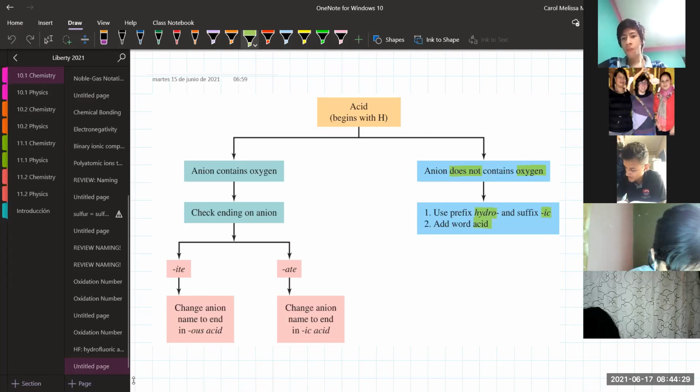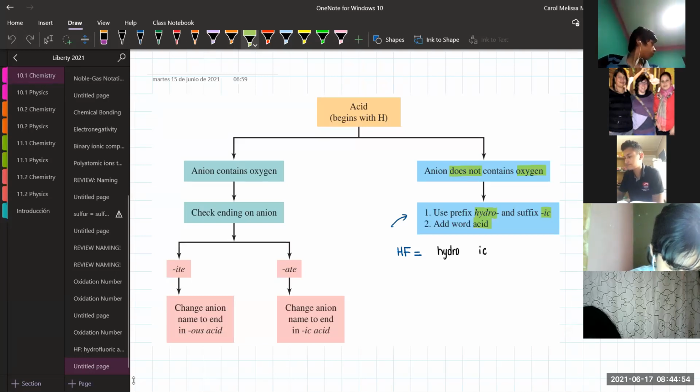For example, an acid without oxygen: HF. How will you name it, following these rules? The way to name it will be the prefix hydro, the suffix "ic", and then the word acid.